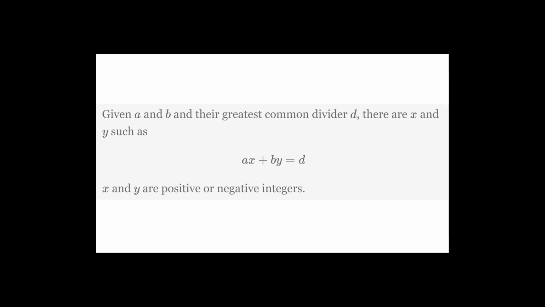So this nice symmetrical equation basically says that you scale a and you scale b, and once you add the two together, you will get the greatest common divisor.